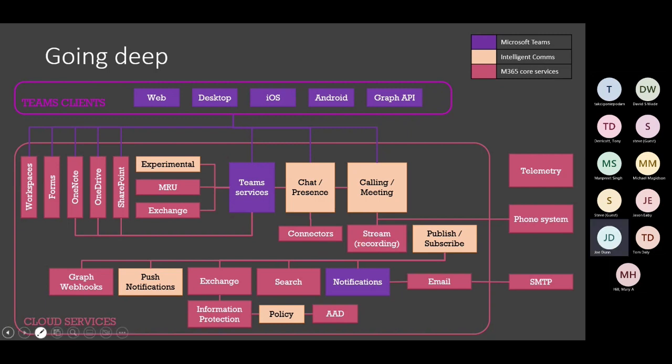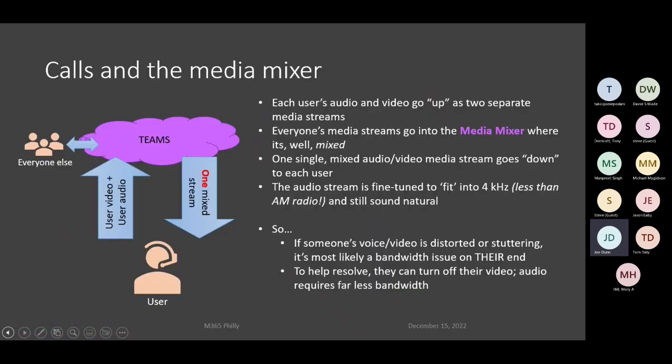That is important for understanding user types, because if you understand that little bit of the connection, it will help you. If you've ever used a Teams meeting or a Teams call, there might be somebody who comes in and they're a bit distorted, they're scratchy, their camera doesn't work, everything like that. That's because when everyone is on a call, your individual video and audio stream goes up to the cloud.